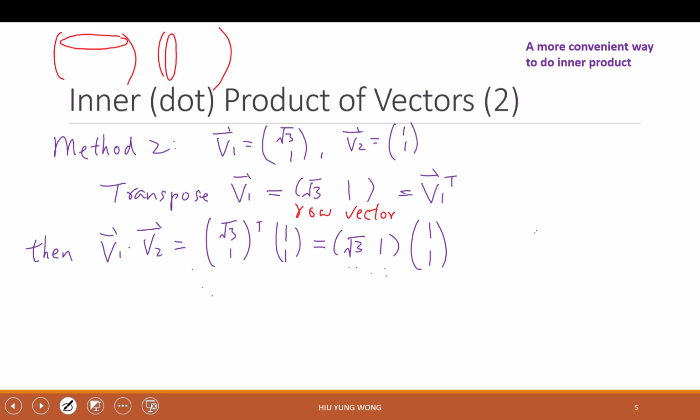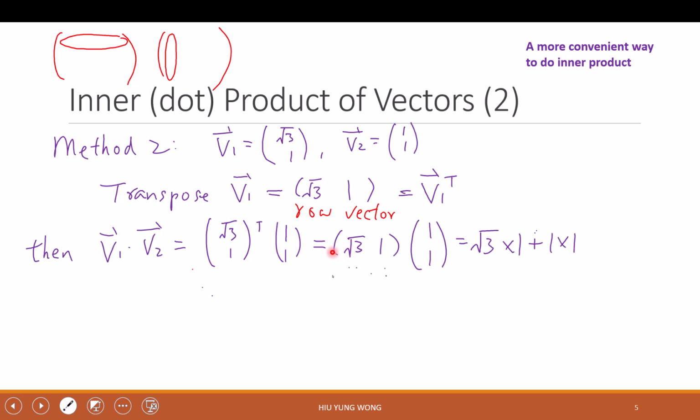How do we do the multiplication? This row times this column. We first do square root 3 times 1, then plus this 1 times this 1, so 1 times 1.